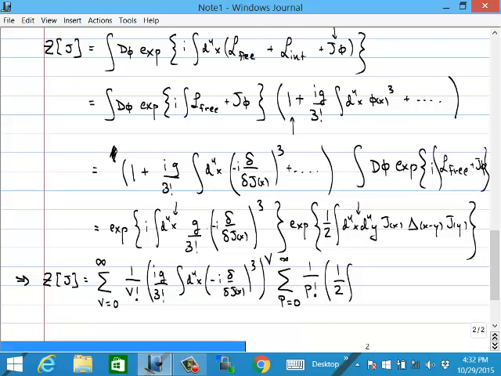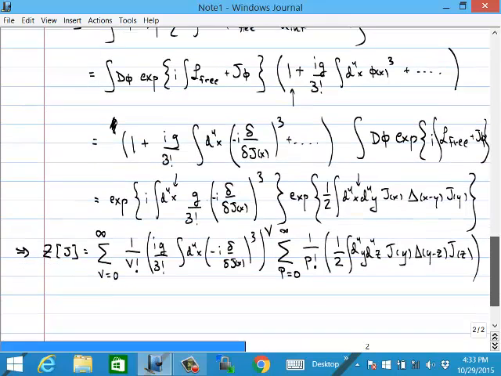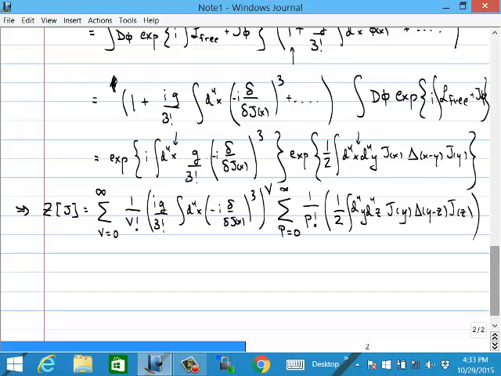So just to emphasize the fact that they're different, I'll call these variables y and z. So you have a j of y, delta of y minus z, j of z. And there you have it. There you have an expansion of the generating function in terms of these two parameters that I've called p and v.